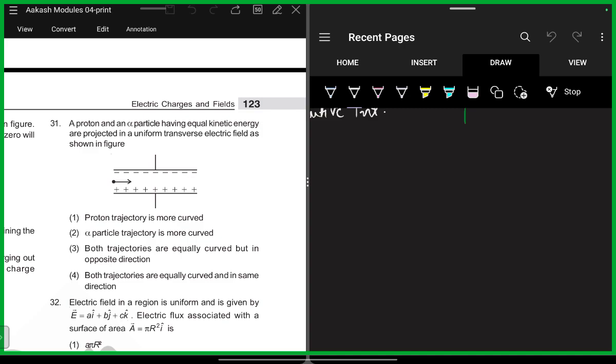First of all, you must understand that a proton carries positive charge, while an alpha particle is a helium nucleus, 2He4. So the alpha particle will deflect. What's the charge of the alpha particle?